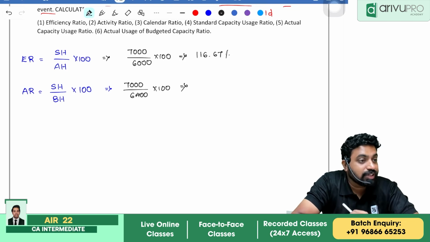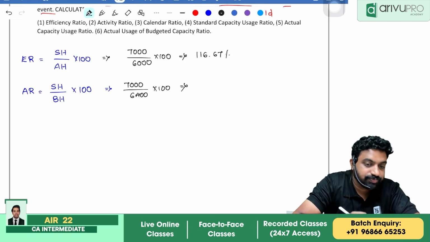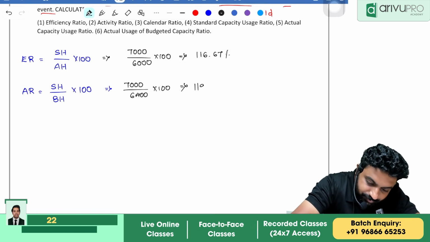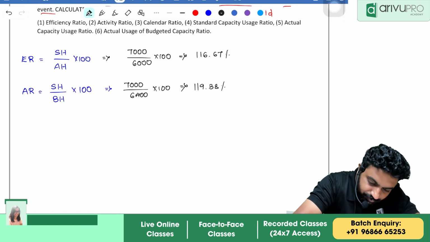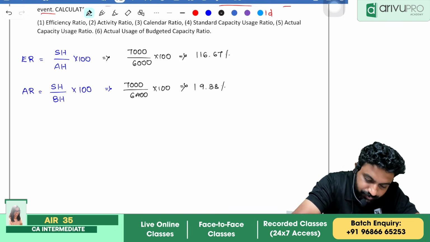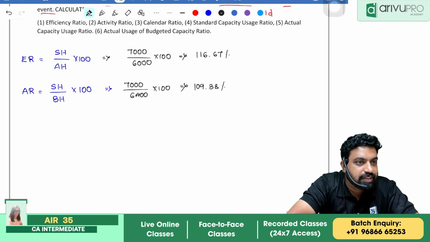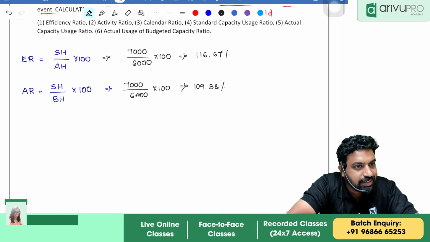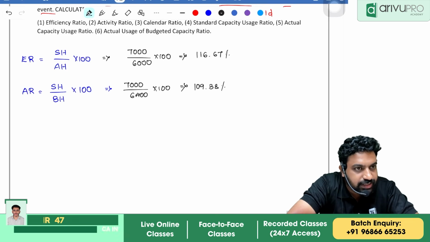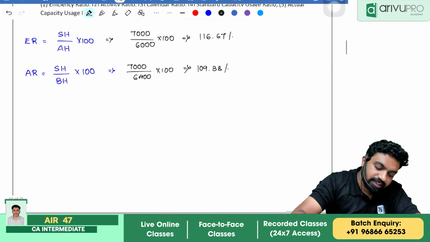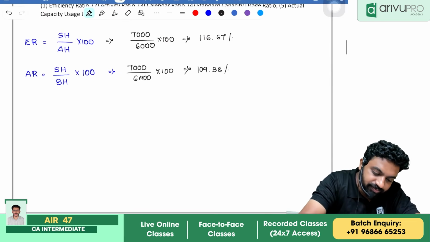Awesome. We are overutilizing our capacity. 109.38%. Is that clear? Shall we proceed? Activity ratio done.